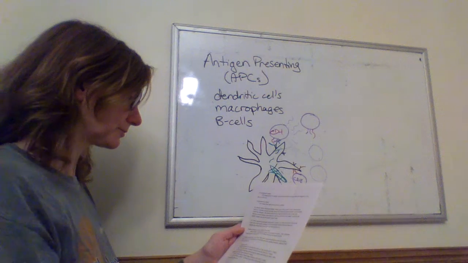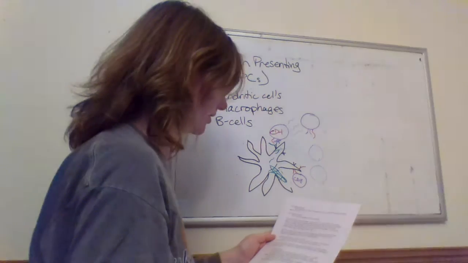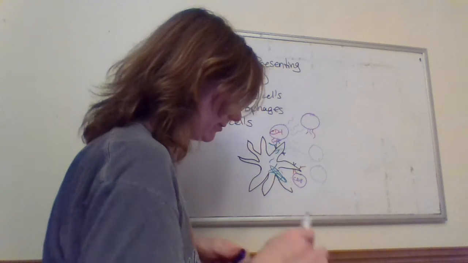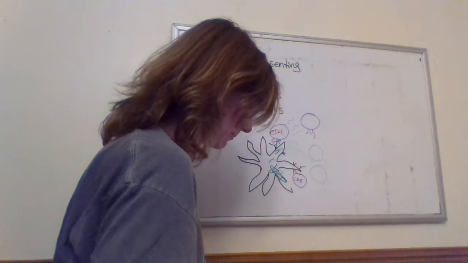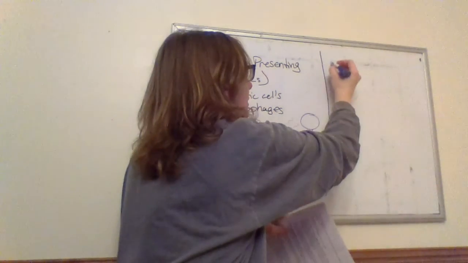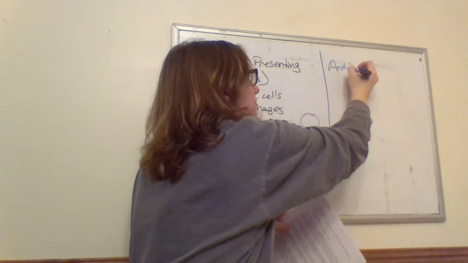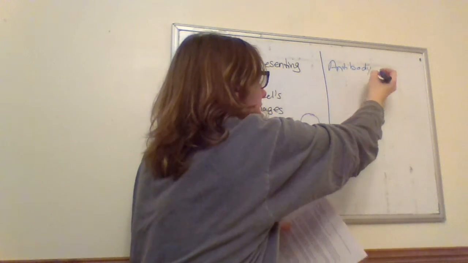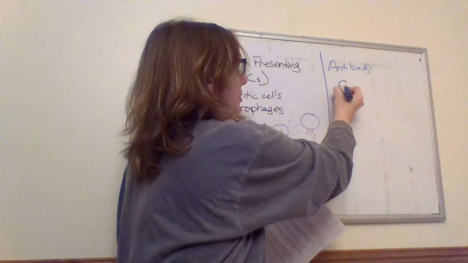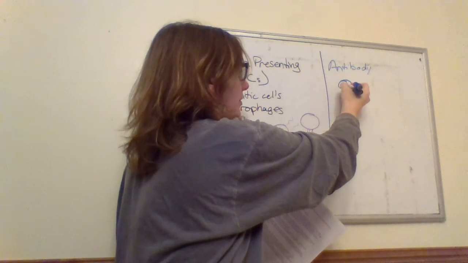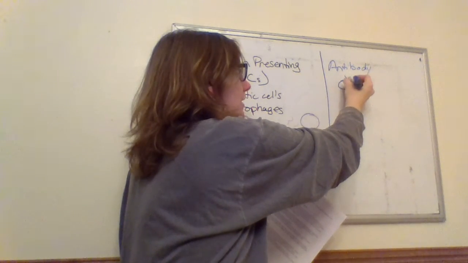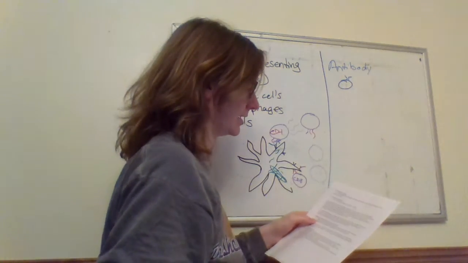presenting cells. So let's just skip over here and do the antibody mediated immunity really quickly. So let's go over here. We'll do antibody mediated, and it'll be blue for B, B for B cell. So we also have receptor sites on these B cells.